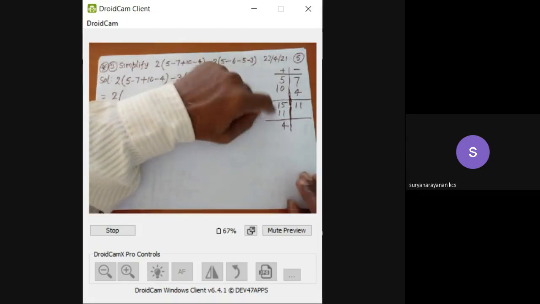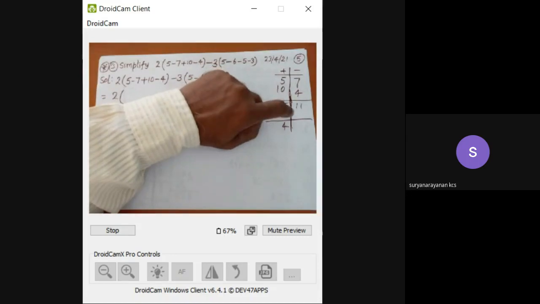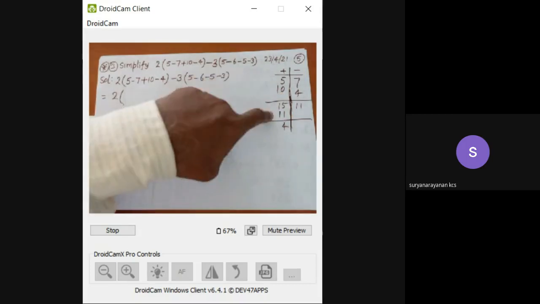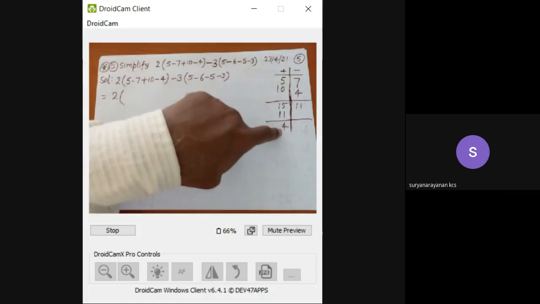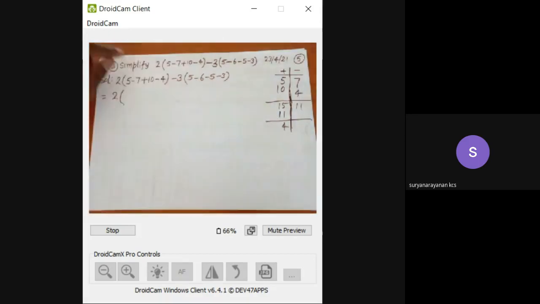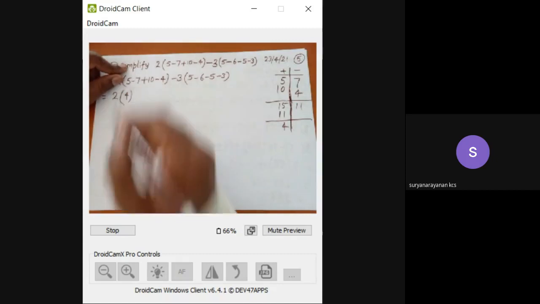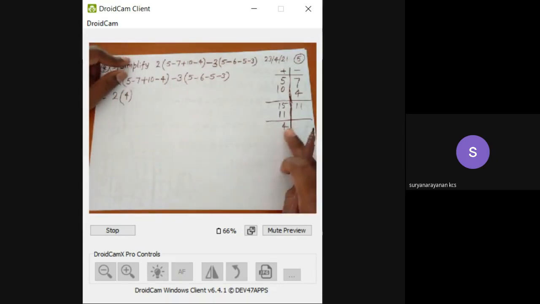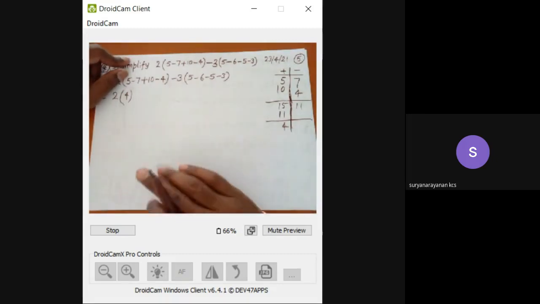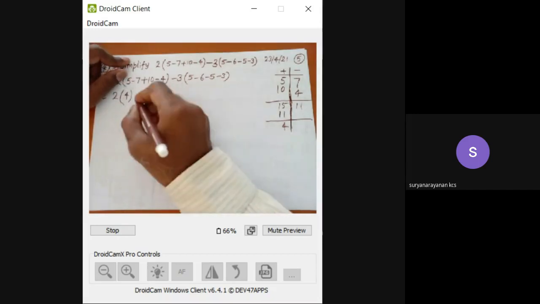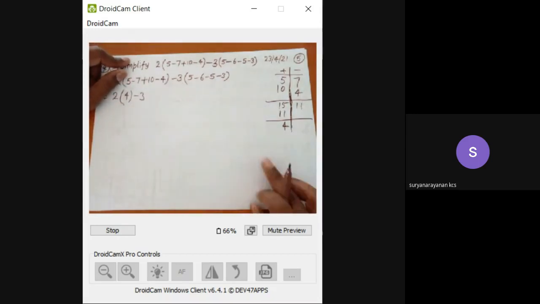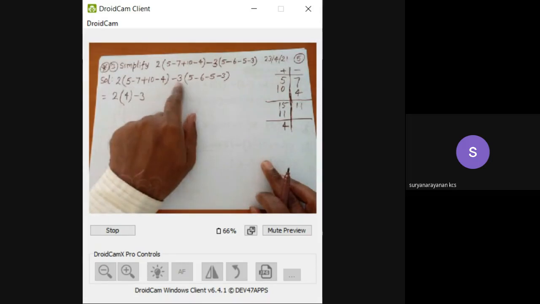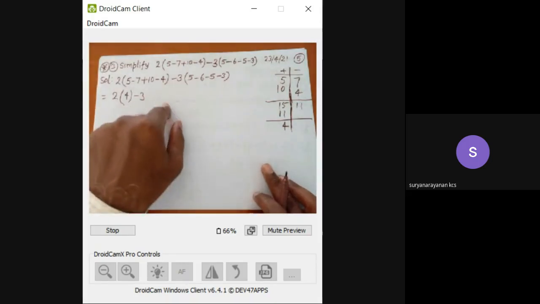Here we have to subtract because we are writing the smaller number just below the bigger number. In this case, we subtract. What will you get here? 4. So in the brackets, we write +4, or simply we can write 4. Before this bracket, -3 is there. Write that number as it is.